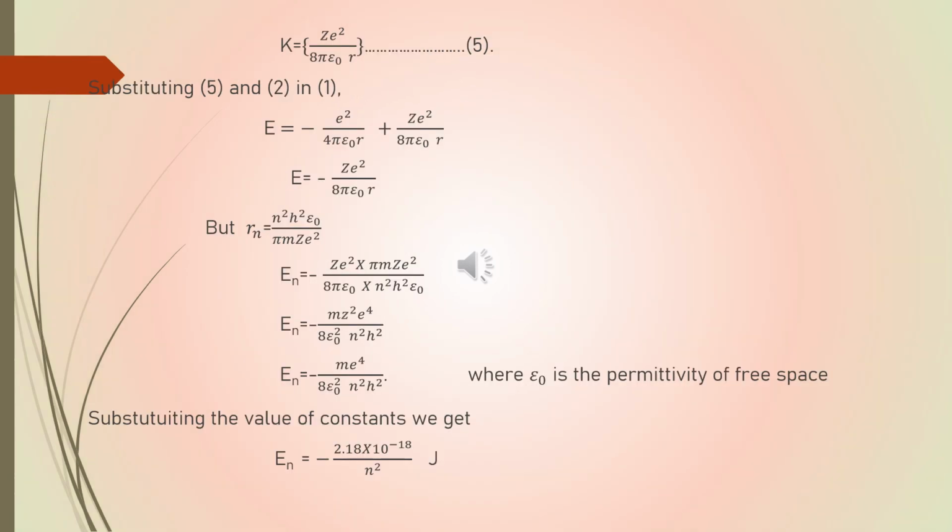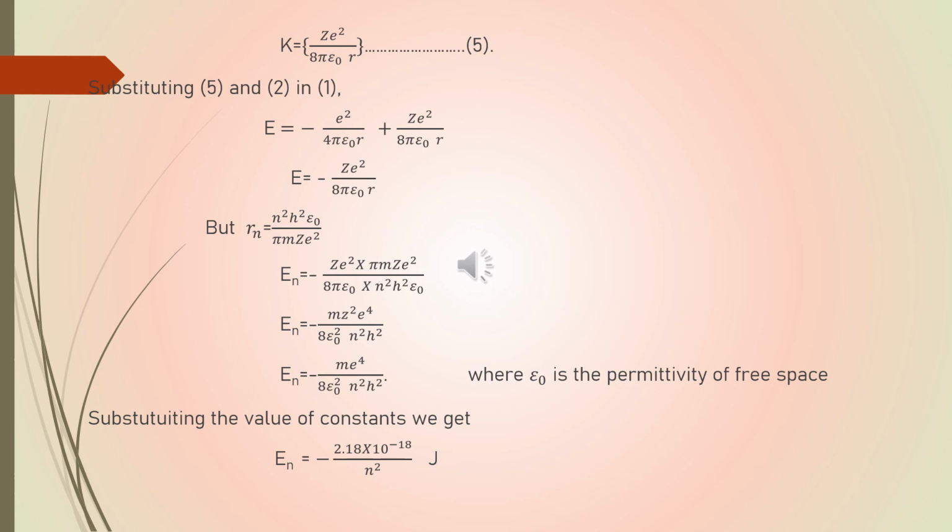Kinetic energy is equal to Ze²/8πε₀r. Substituting potential energy and kinetic energy, we get total energy E is equal to minus Ze²/8πε₀r.